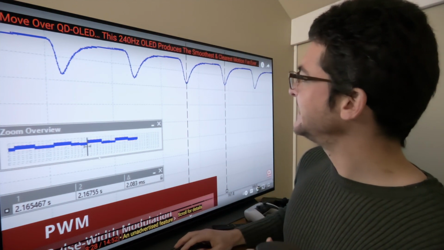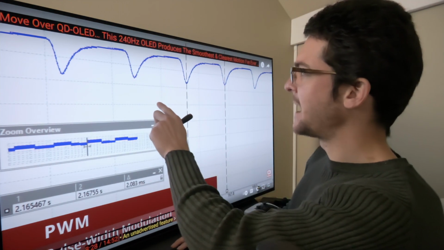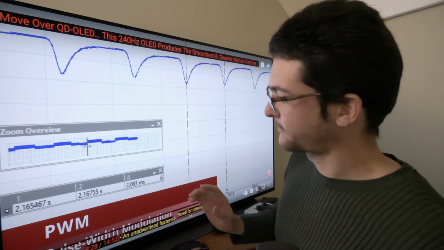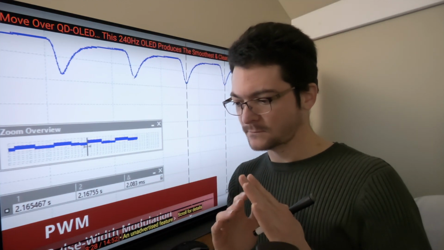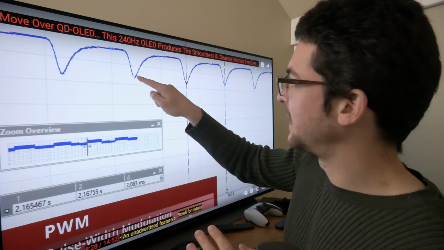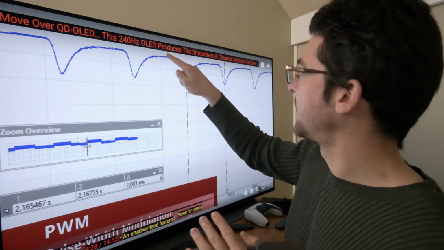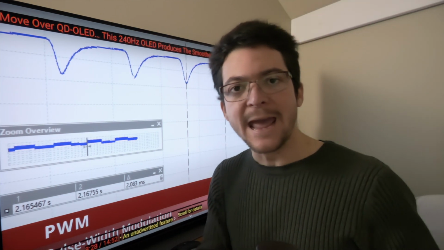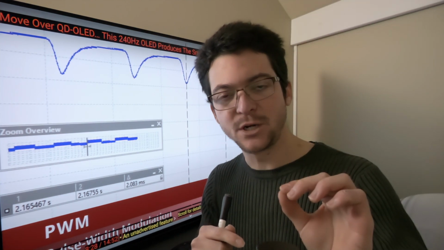But this is still a lot bigger than it usually is, because the OLEDs, even without black frame insertion, always have a drop like this. So they are always showing the picture, and then there's a drop, and then they show you the picture. And that is something that I can capture with my camera.